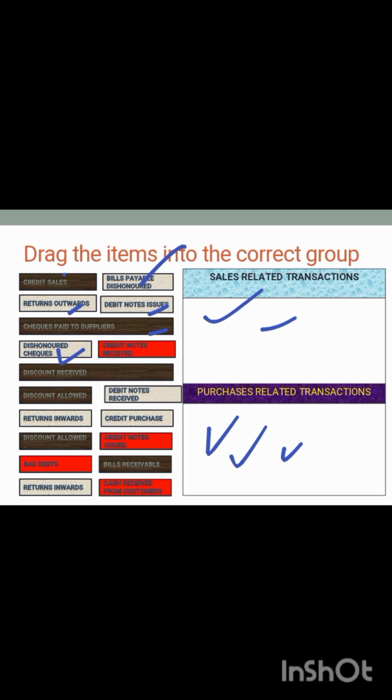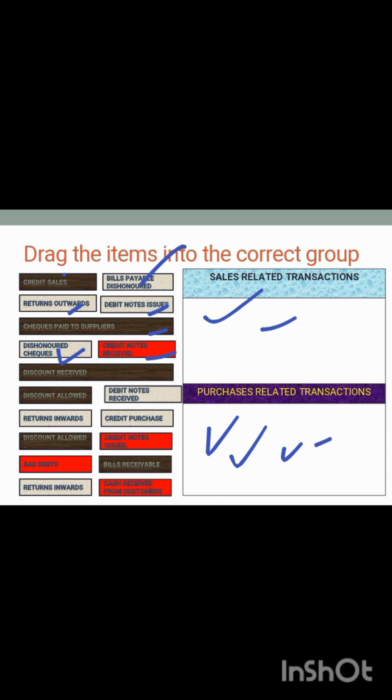So when you hear credit note issued or debit note issued, it is relating to sales. But when it is credit note received, you can only receive from your supplier, or debit note received, it is relating to purchases.